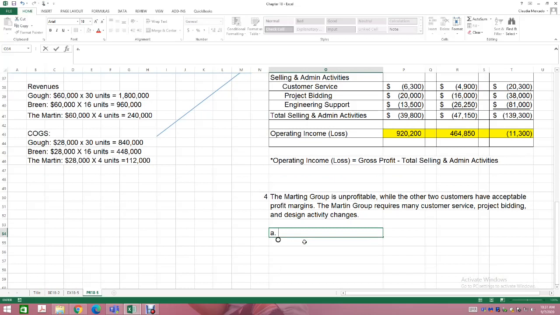They're the only ones that are not doing very well. So, management can encourage the Martin Group to reduce the amount of design changes and customer service requests.